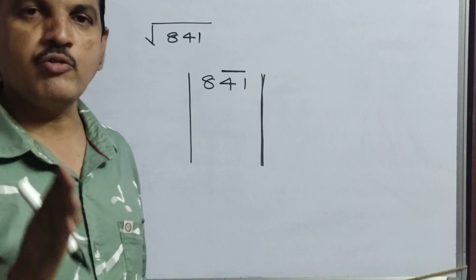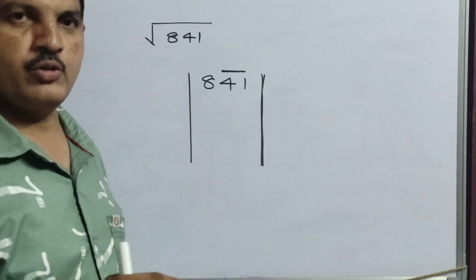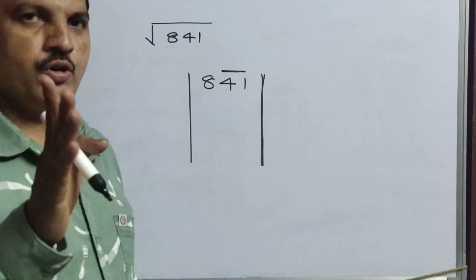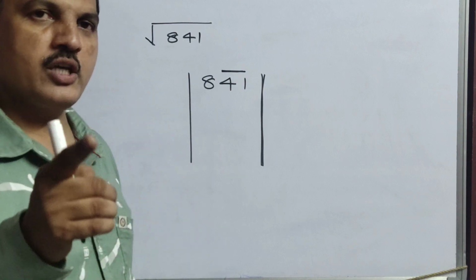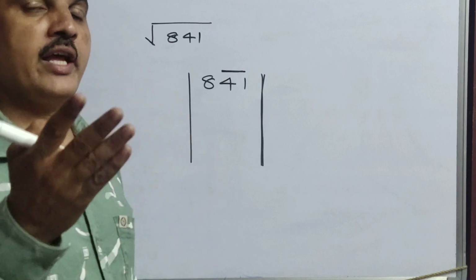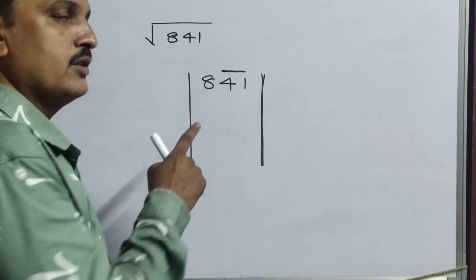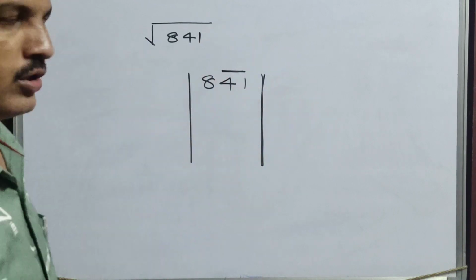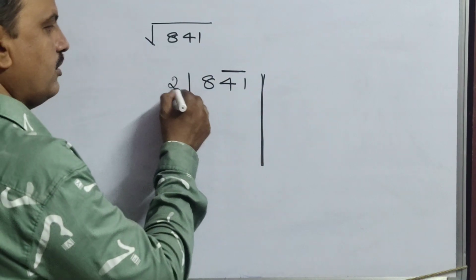Those tables only we use for solving square roots. 2 2s are 4, no chance first of all. 3 3s are 9, now 9 became greater than 8. Then we have to go for 2 2s are 4 only.